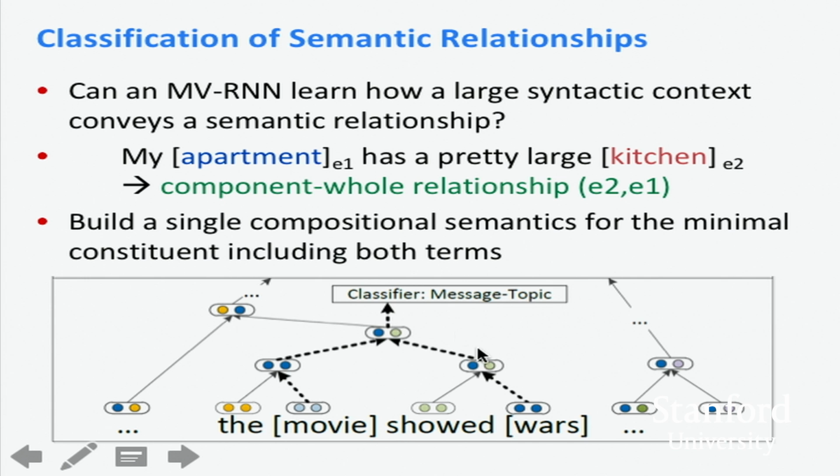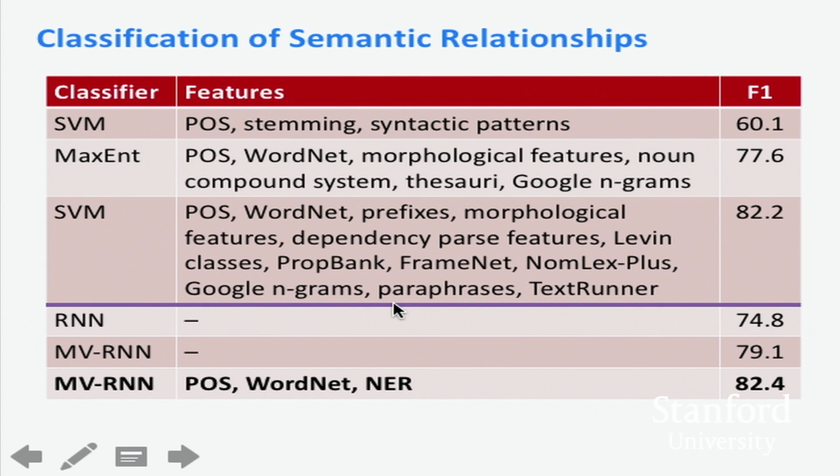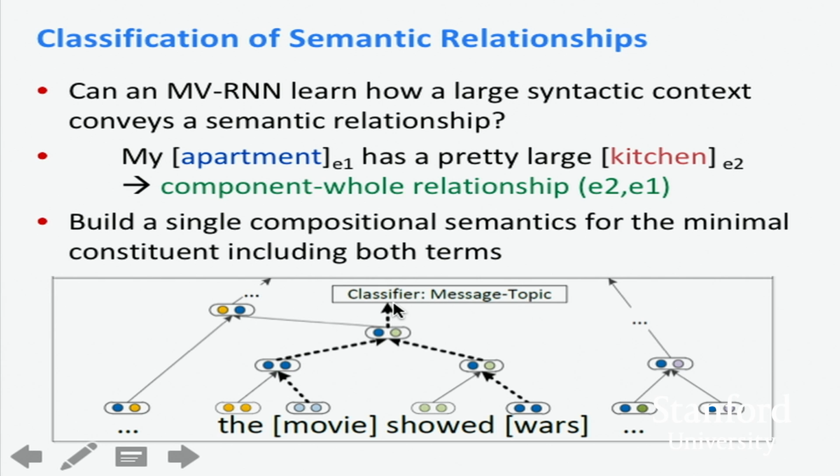So, the movie showed wars, so this was the message, the content that's being shown on this media. Where they join together, we'd say, okay, we've built up a semantic representation that covers the movie showed wars. At this point, we'd then use a neural network that's just a straight classifier that says, okay, classify the relationship here. It's an example of message topic.